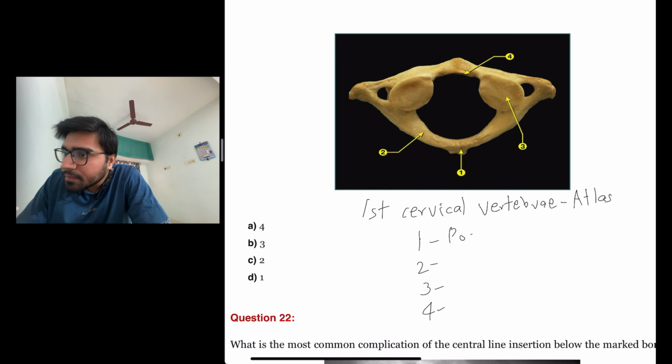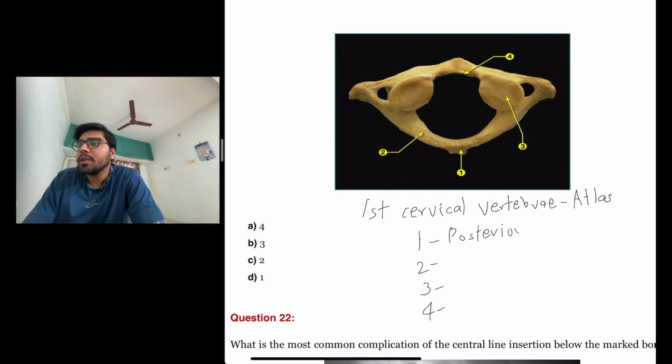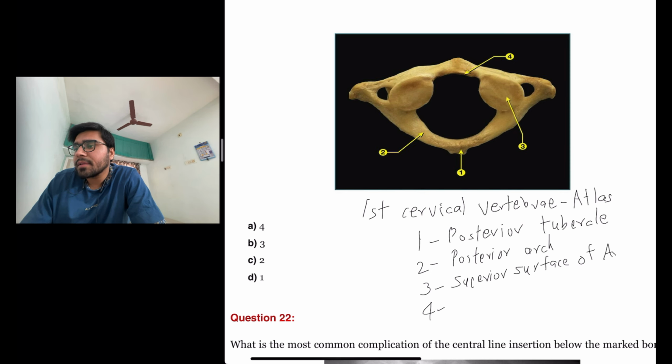The first one is posterior tubercle. The second one is posterior arch. The third one is superior surface of articular facet.